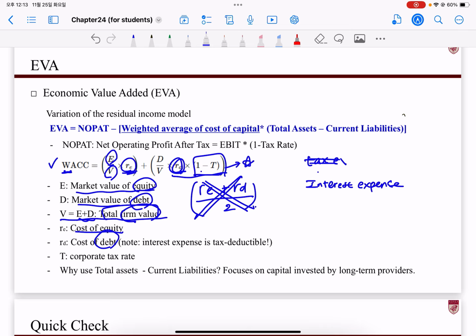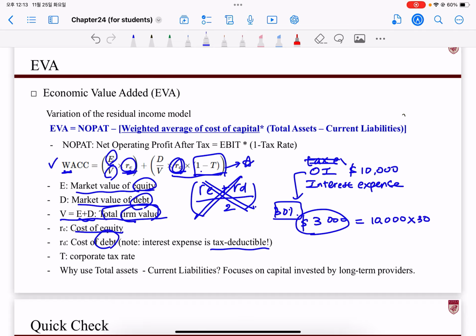Let's say you have an operating income of 10,000. When you are paying tax, let's say it's 30%. Then if it's not tax deductible, your tax is going to be $3,000, which is coming from 10,000 times 30%.